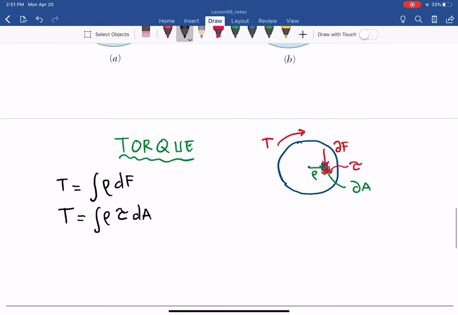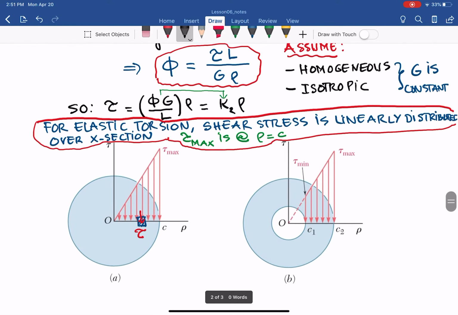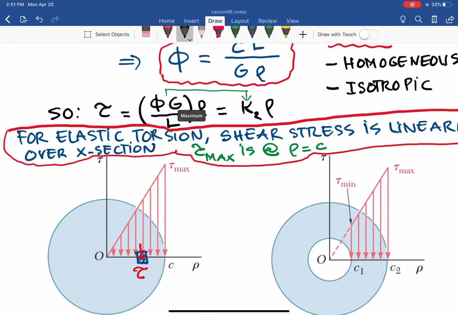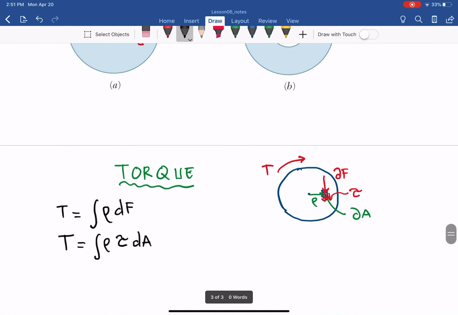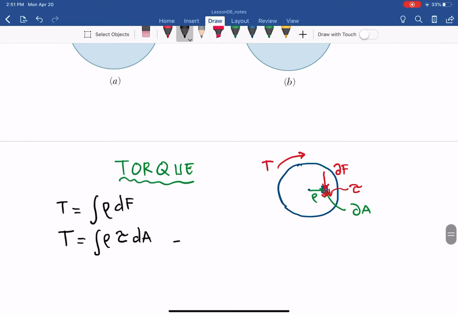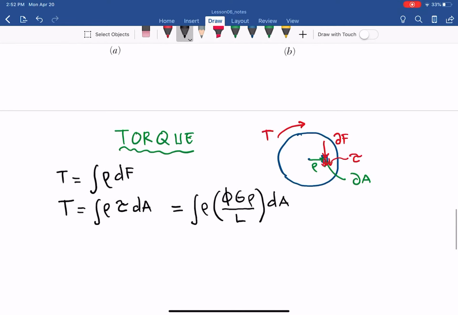And what is tau? The tau in that equation we already have equal to phi G rho over L, that is gamma. So let's replace that here. We will have T equal to the integral of rho times phi G rho over L, that is tau, and then dA. If we simplify this integral, you can see the constants can be brought out of the integral.